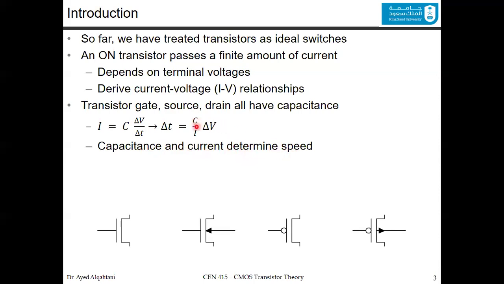So this capacitance and current can give you the difference in time, and because they can give you the difference in time, you can get the speed out of it.